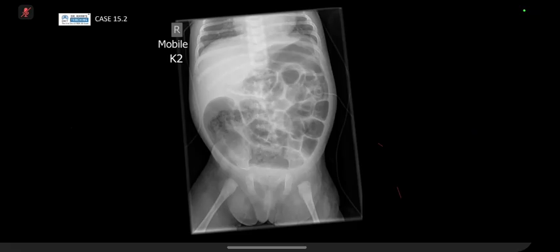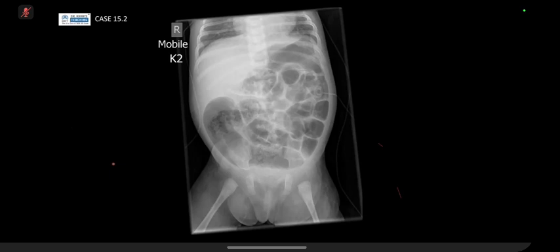In this case, I see there is a dilated gastric tube in normal position. I see there are multiple dilated bowel loops, some in the right side of the abdomen and the pelvis, with some mottling or bowel feces sign. So I'm worried about bowel obstruction.